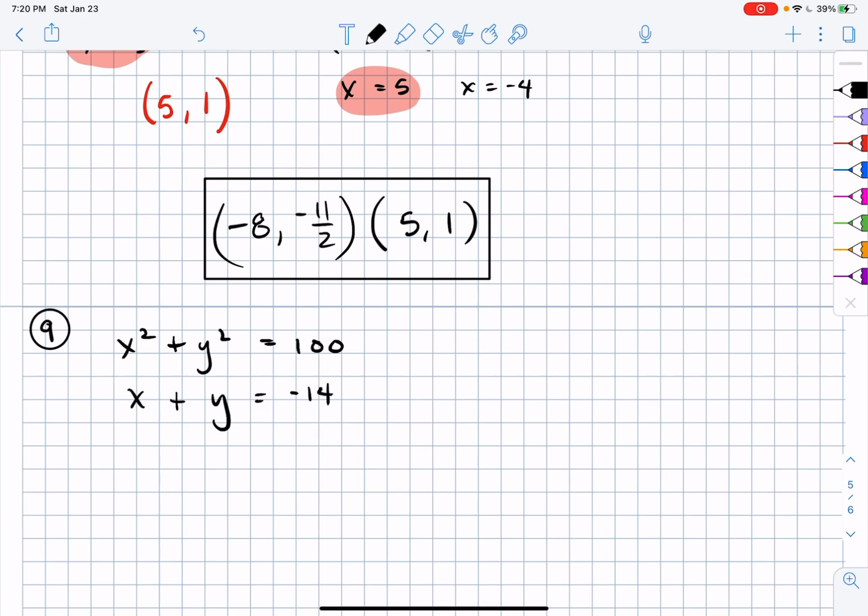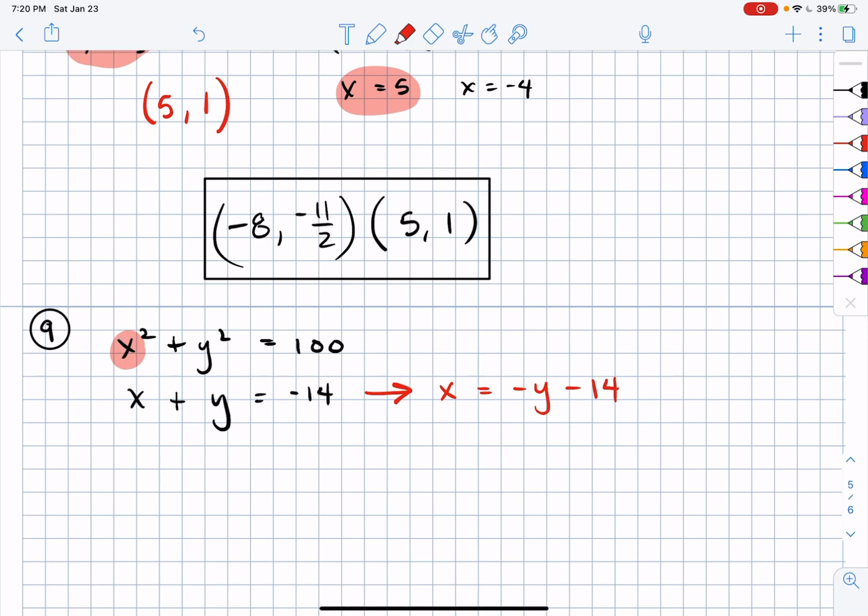Okay. So in this case, I got 2 equations, 2 unknowns. So what I'm going to do now is take this right here, and I'm going to solve for x. So x is equal to -y minus 14, because it's still -14. This stays over there. So I'm going to replace this x with this x.